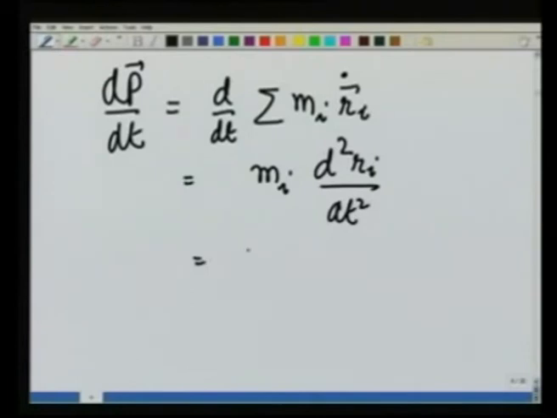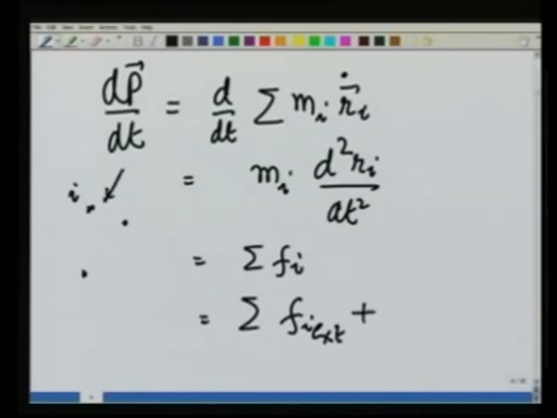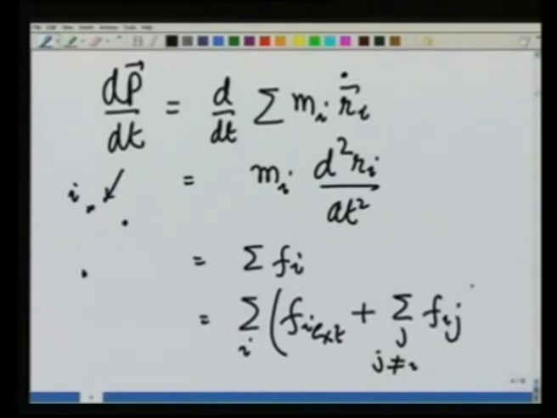dt squared, which was nothing but summation over F_i, where F_i, that is on the ith particle, the force was nothing but the external force, that is something I apply externally, plus the force, j not equal to i, on the ith particle due to other particles.